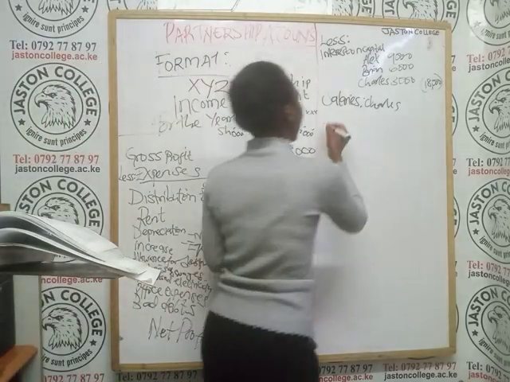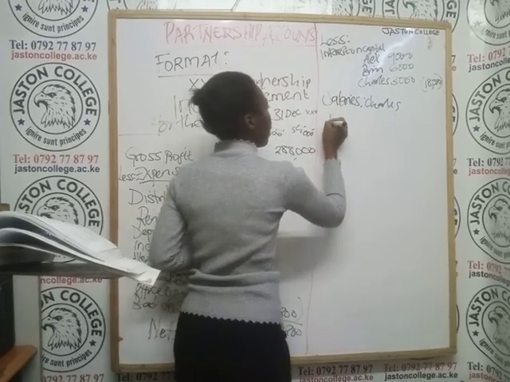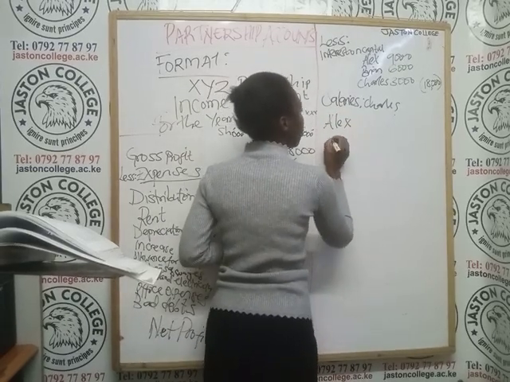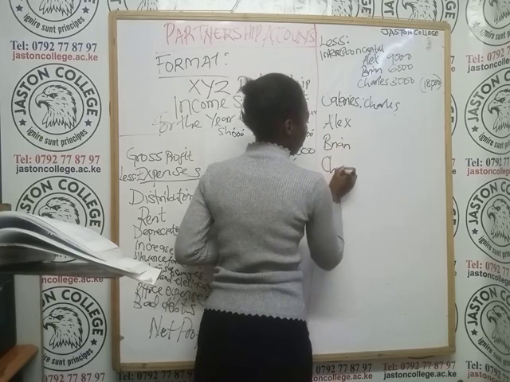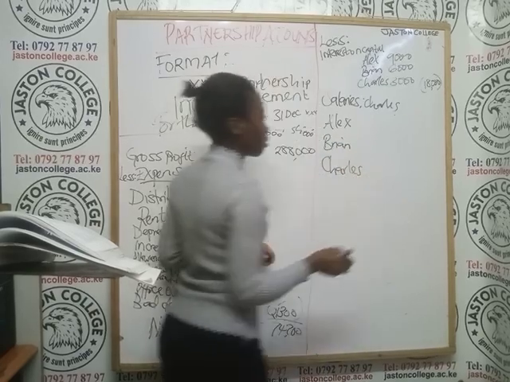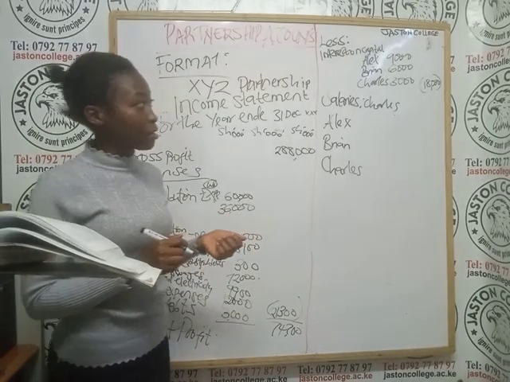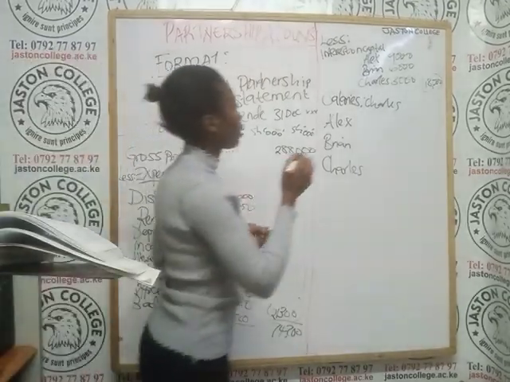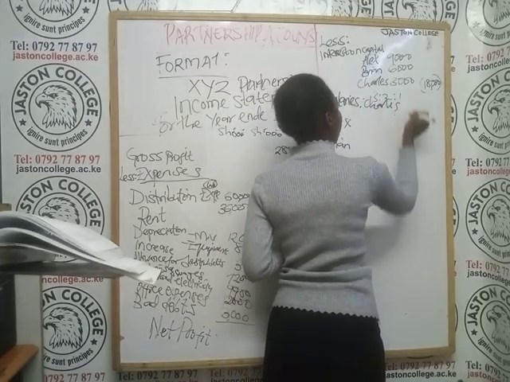Now we have salaries for Alex, for Brian, and for Charles. They are sharing in the ratio 3:2:1.